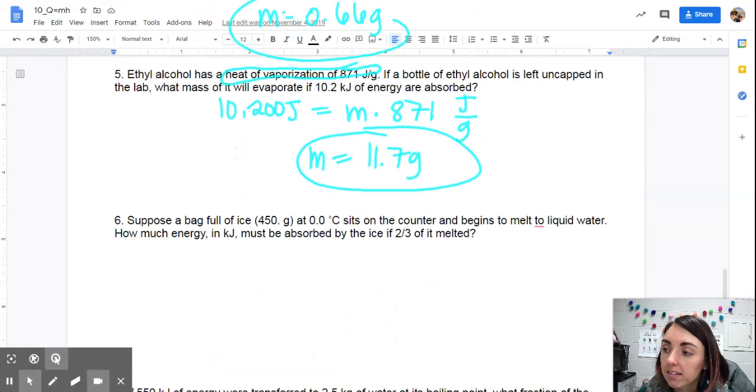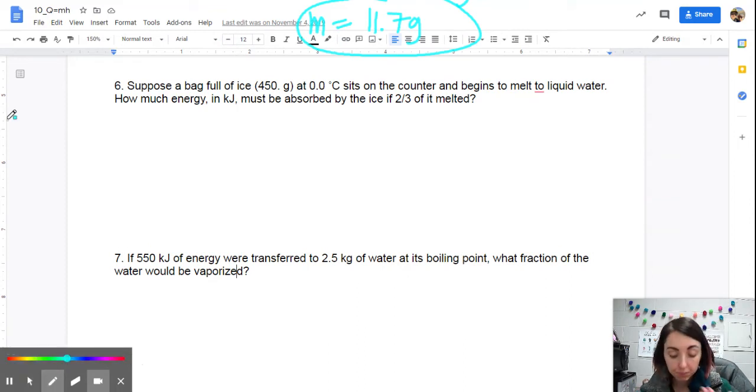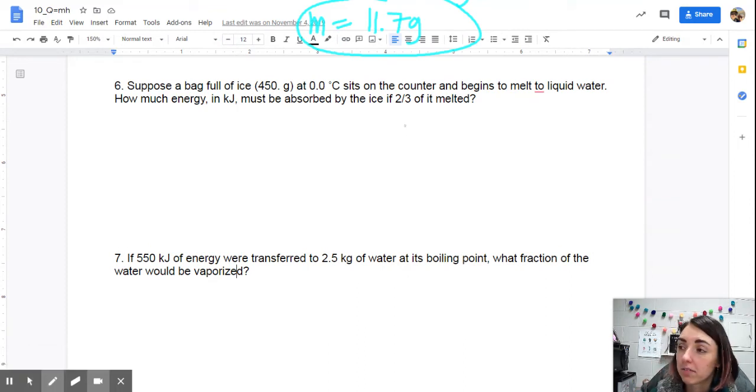So let's take a look at 6 and 7. These ones are using the same skills, but because of their wording, it just might make them a little more confusing. On 6, it says if 2/3 of the ice was melted. So you have 450 grams of ice, but only 2/3 of it is melted. See if you can figure out what to do with that 2/3. In the second one, we transfer all this energy into 2.5 kilograms of water, but it asks what fraction would be vaporized.